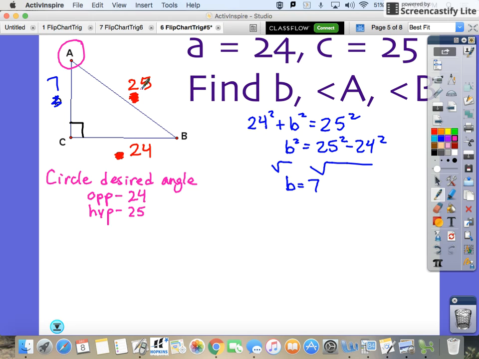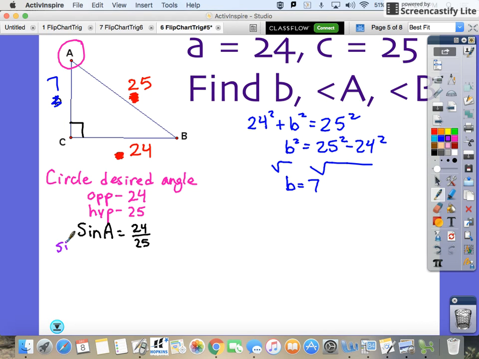We want to use the sides we are given, because if we made a mistake earlier, we don't want to mess everything else up. So based on angle A, this one's our opposite, and this is our hypotenuse. So O and H, that means sine. So we're going to use the sine of angle A is equal to the opposite over the hypotenuse, just like usual.